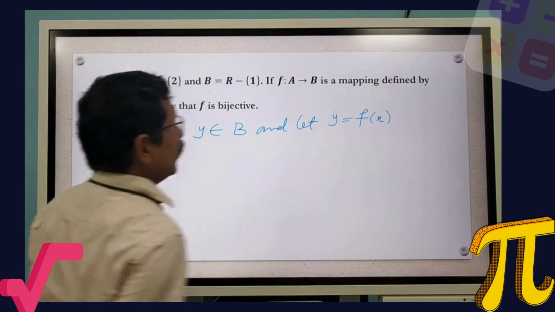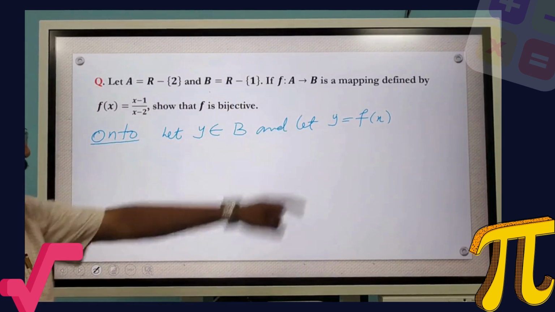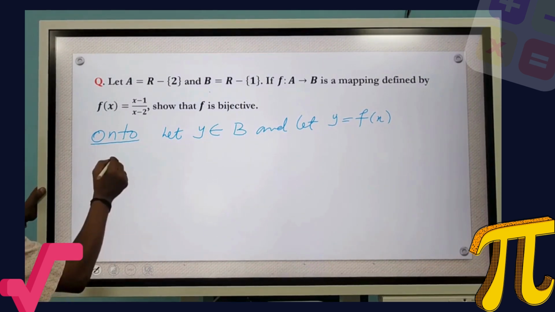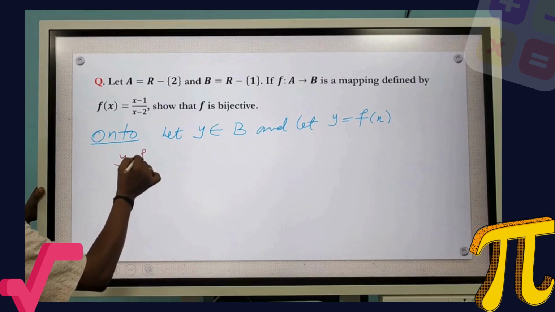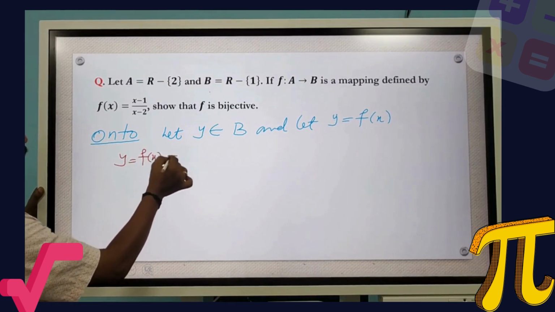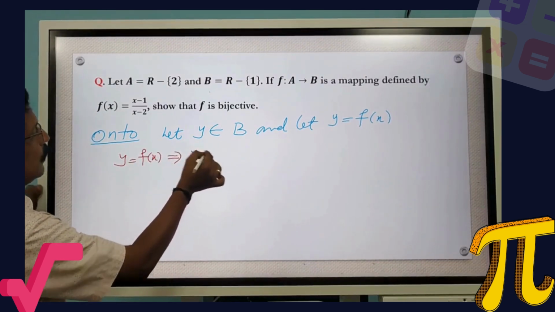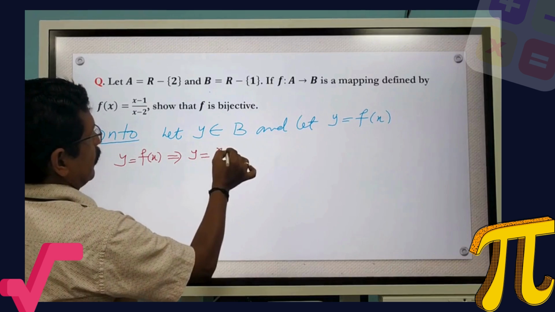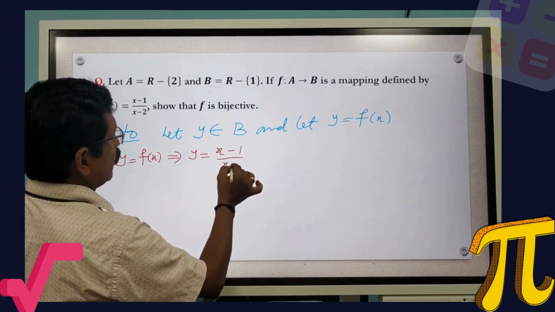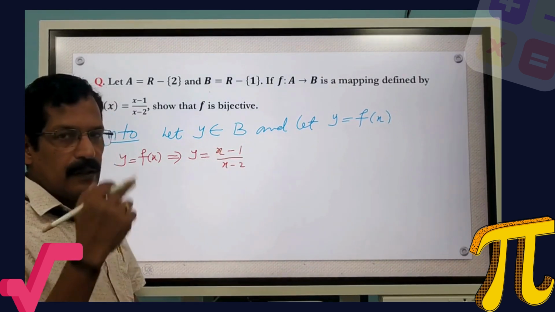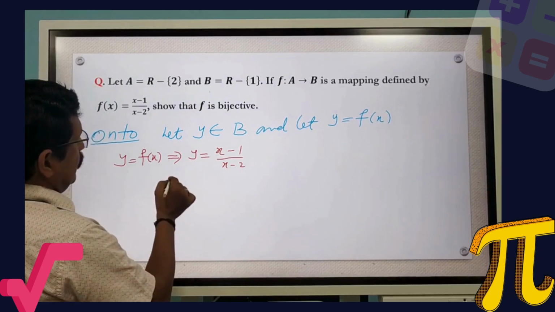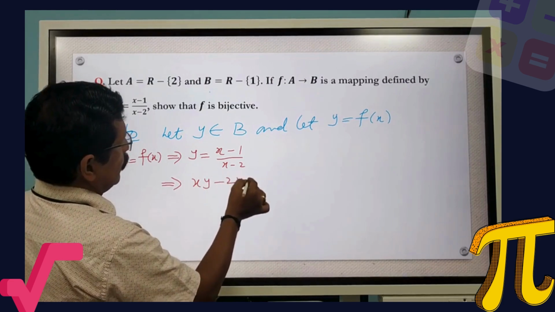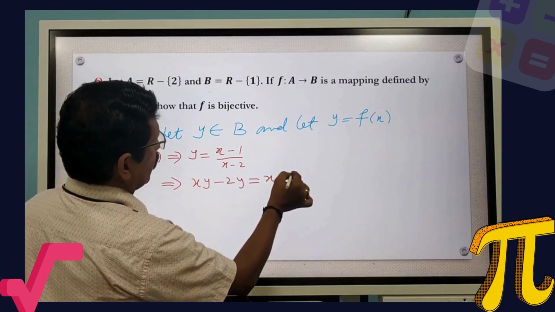We are assuming that y is an element of B and y = f(x). Now y = f(x) implies y = (x - 1)/(x - 2). Let us cross multiply it. So it is xy - 2y = x - 1.